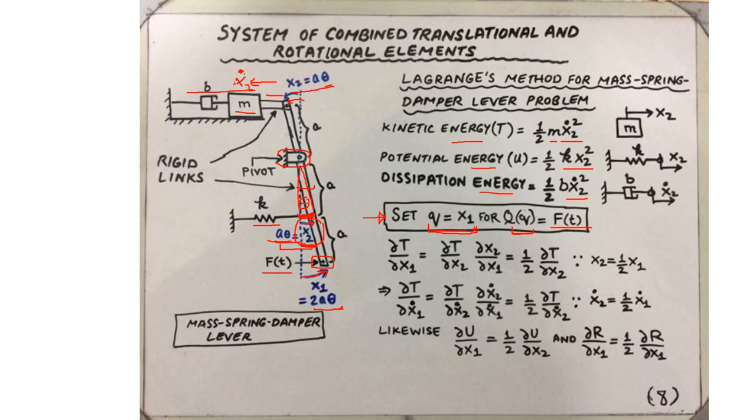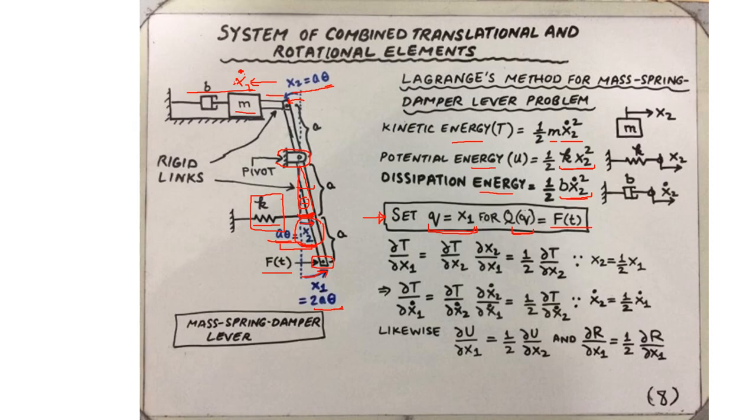The potential energy in the system is due to the translational spring. Spring constant is k. That is half times k times x2 square. Again, we don't have to worry about the direction of displacements as such.